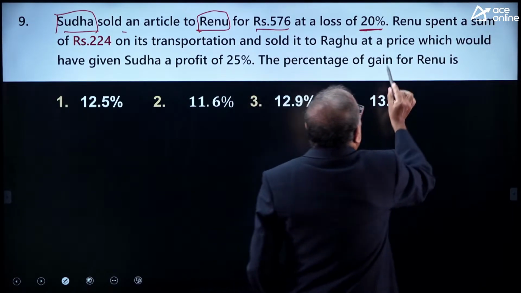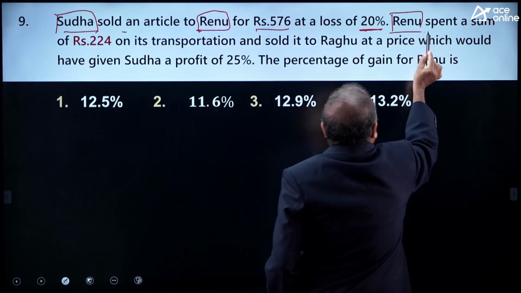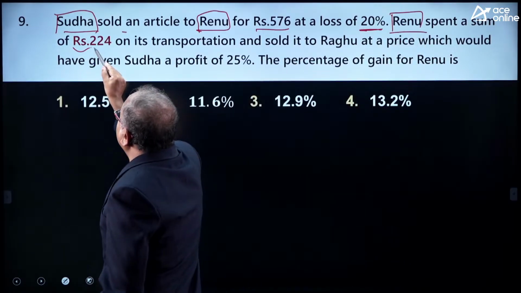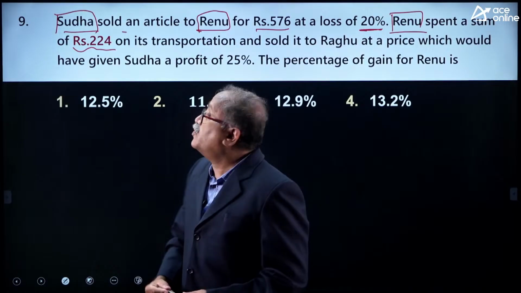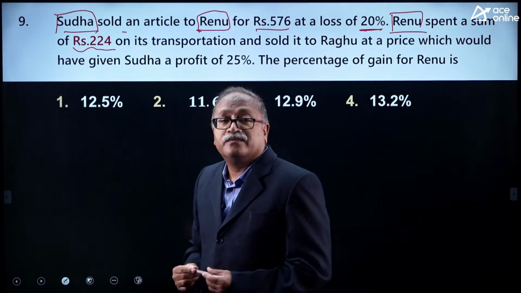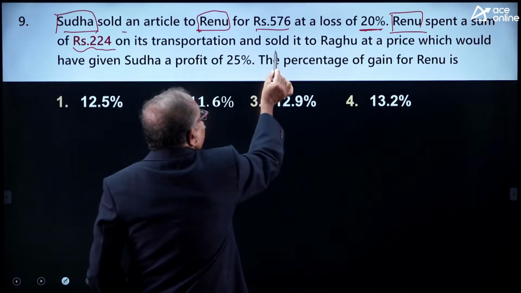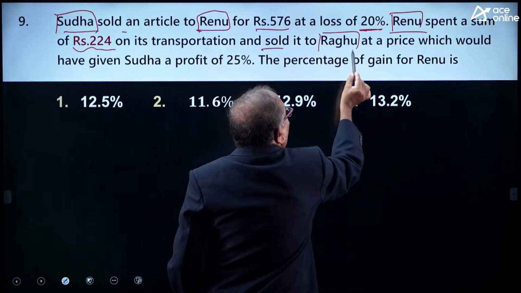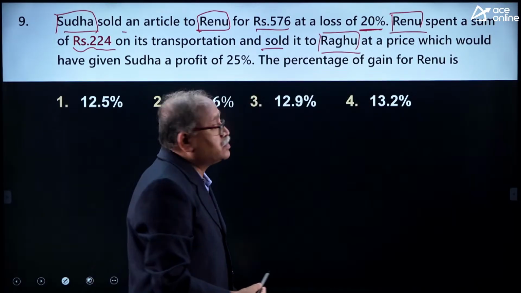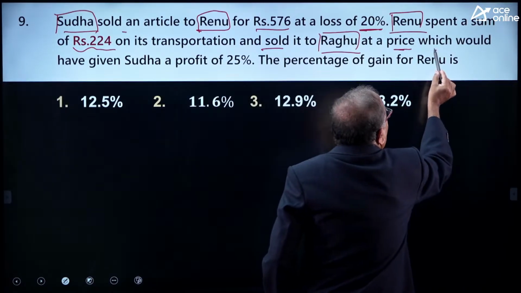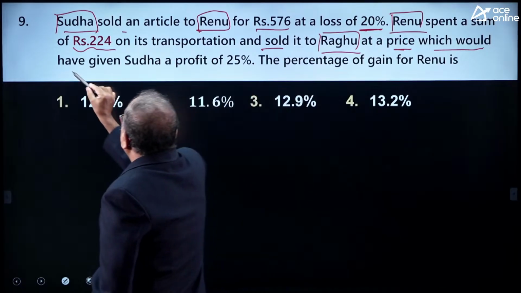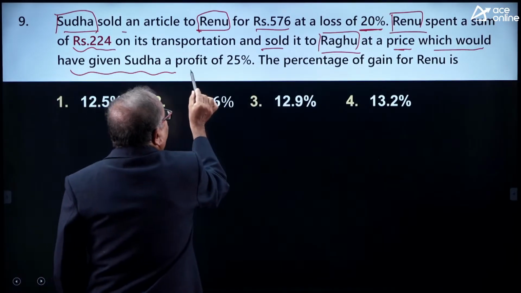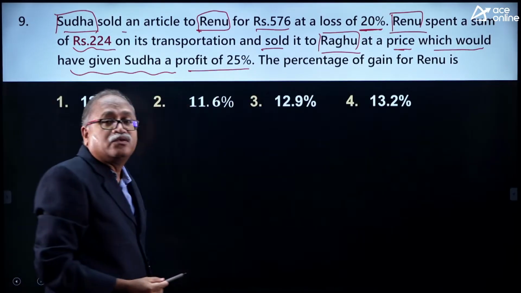Now, Renu spends some money, that is rupees 224 on transportation, and then Renu sold it to Raghu at a price which would have given Sudha a profit of 25%.